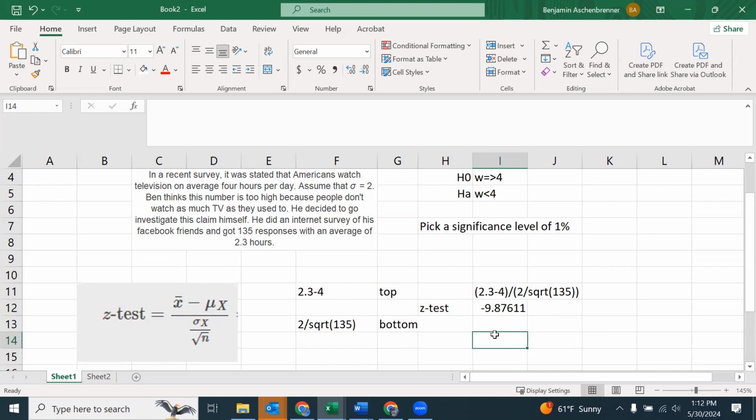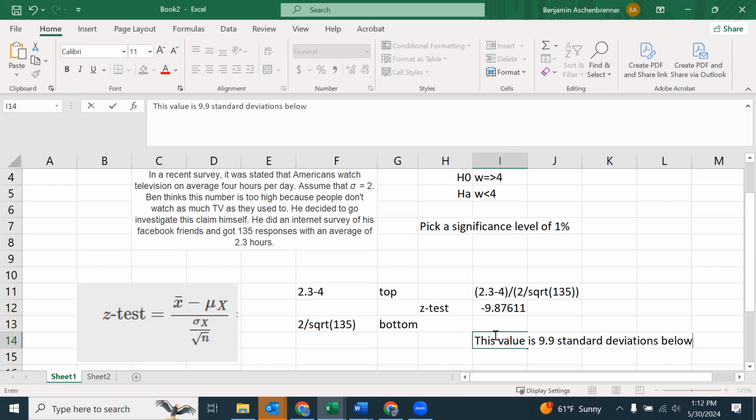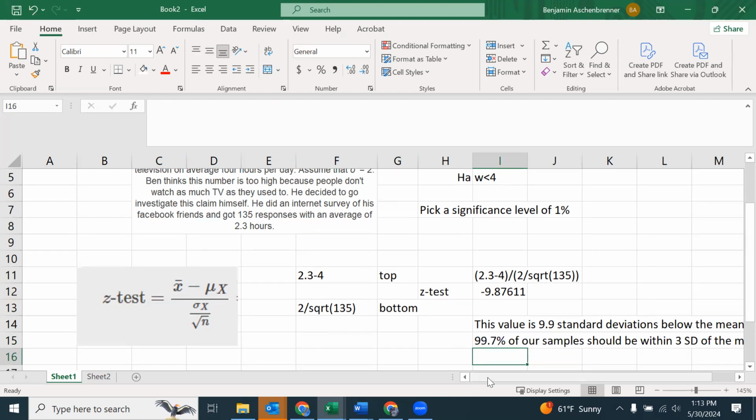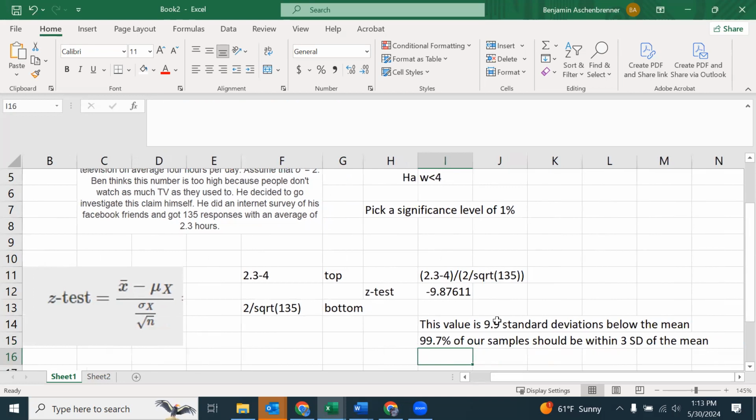Remember, what this means is this value is 9.9 standard deviations below the mean. And keep in mind that the empirical rule says 99.7% of our samples should be within 3 standard deviations of the mean. Well, I'm almost 10 standard deviations away from the mean.